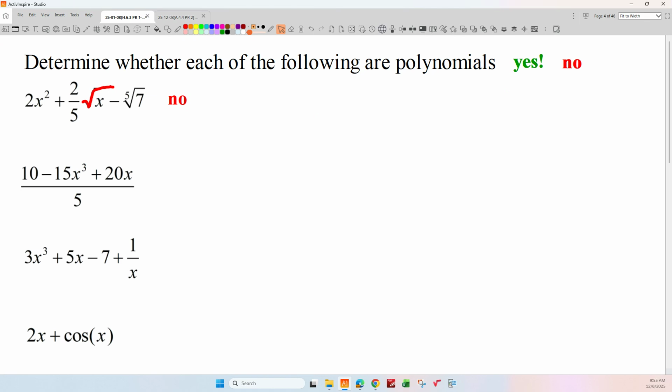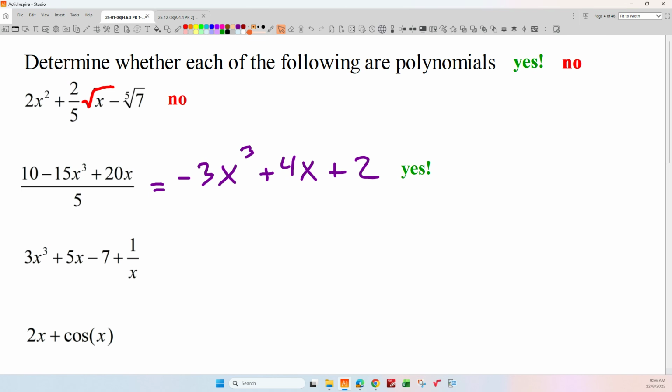And if I simplify this by dividing each term by 5, and put it in standard form, what would I end up getting for my polynomial? Negative 3x cubed, good. Plus 2. That's fine, isn't it? Right, so if I can rewrite it in standard form, then it's a polynomial.